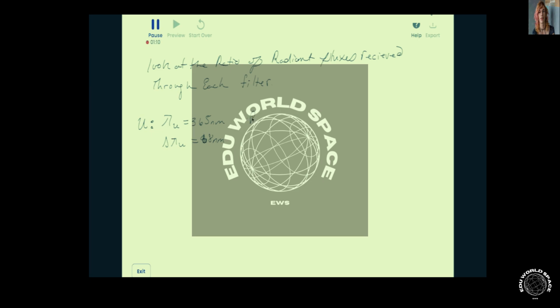For the B filter, I have a central wavelength, lambda B, equal to 440 nanometers, and a bandwidth, delta lambda B, equal to 98 nanometers. And for the V filter, I have a central wavelength, lambda V, equal to 550 nanometers, and a bandwidth, delta lambda V, equal to 89 nanometers.